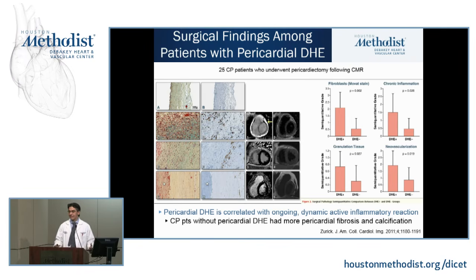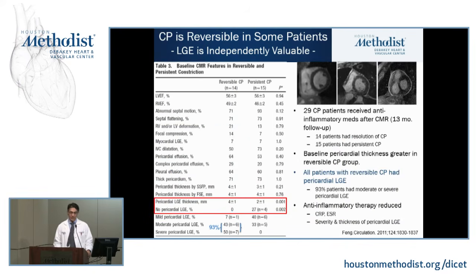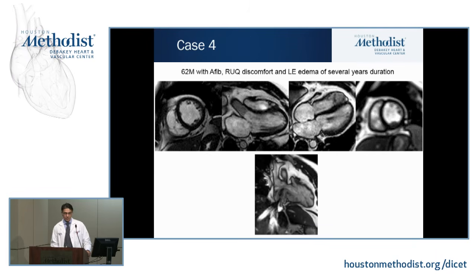It means inflammation. One study showed that if you took 29 constrictive physiology patients, treated them all with anti-inflammatories and looked at who responded, only those patients who had LGE were those patients who responded. So it's a very valuable tool that can help you diagnose and decide how to treat your patients.